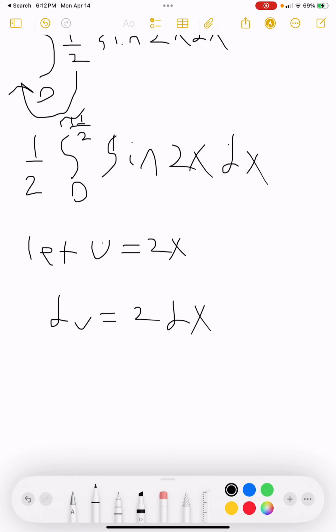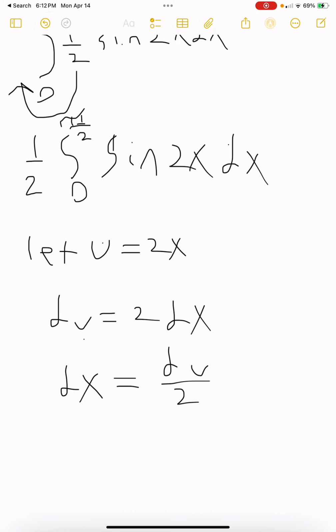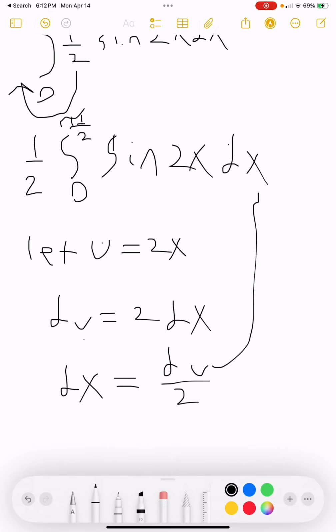Now, there's one problem with this, because this is solving for du, not dx. So now we have to divide both sides by 2, so we get dx is equal to du over 2. So that's what we're gonna plug in right here, not this.